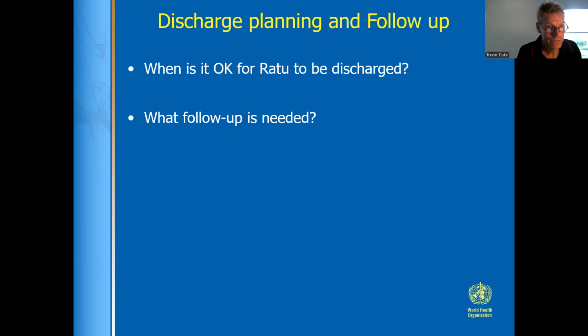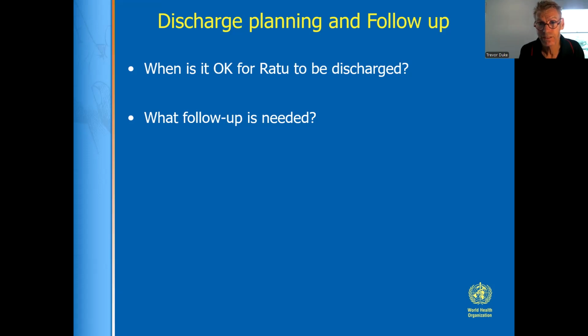Now, in any child who presents, you should think to yourself, what do they need to achieve before they can go home? And you should try to explain to the parents what milestones, if you like, the child needs to reach before being safe to go home. You shouldn't think about discharge planning only on the day that they go home.